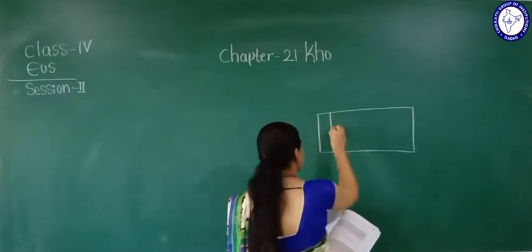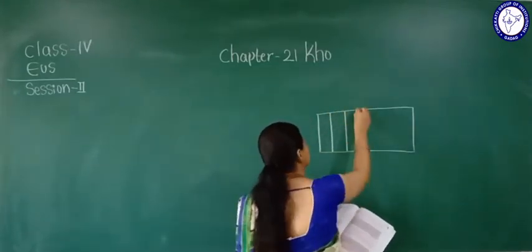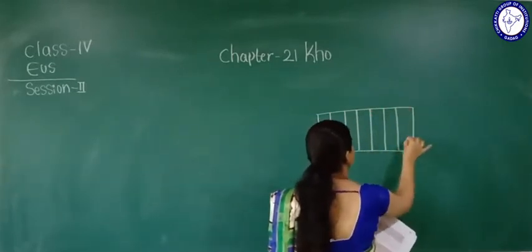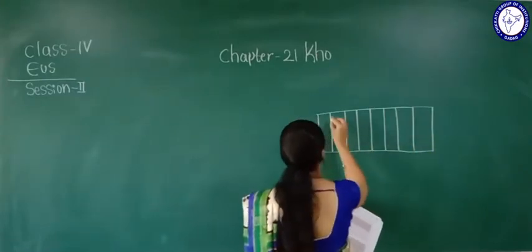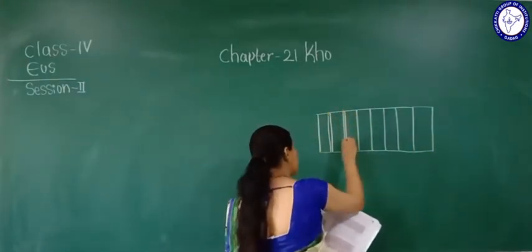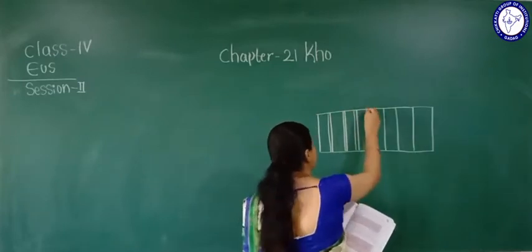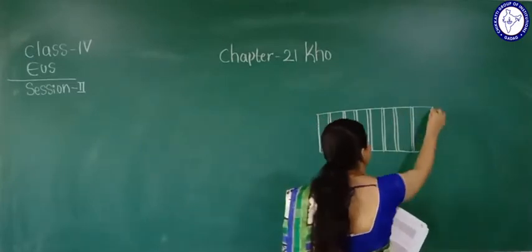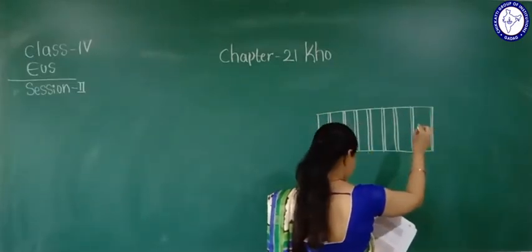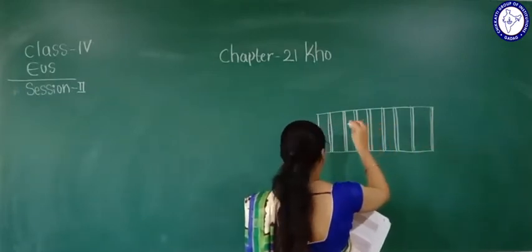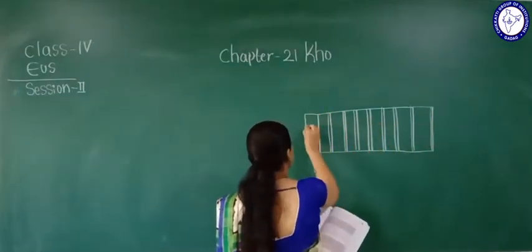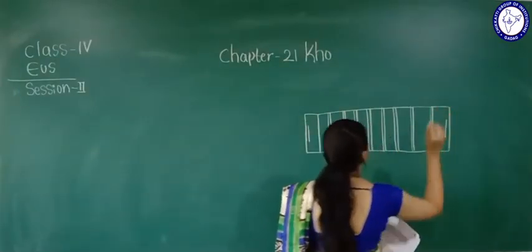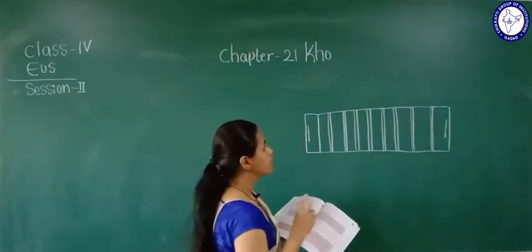There are 8 squares and 16 lines, and here are the poles.